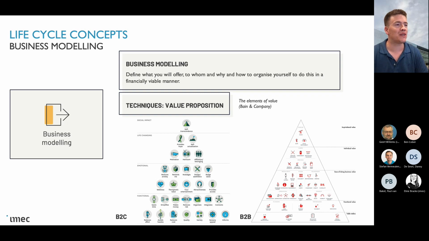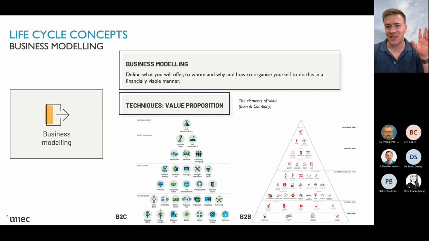Of course, it's very difficult. It's not always very straightforward, but you can see there's a functional value proposition, which is of course not bad. But if you go to a more emotional value proposition, then you gain importance for that customer segment. Something to think of.